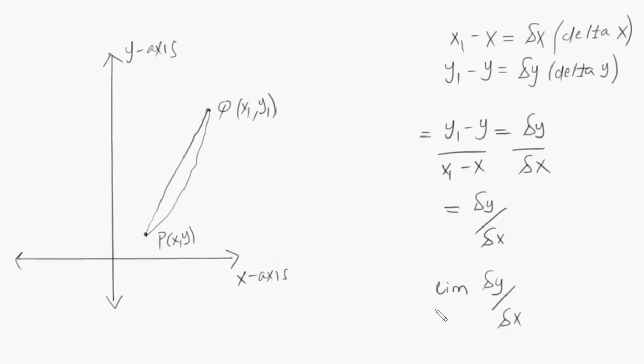That means as the change in x is very small, or you can say it approaches zero. Hii sasa ndio gradient of curve at point P, x, y.